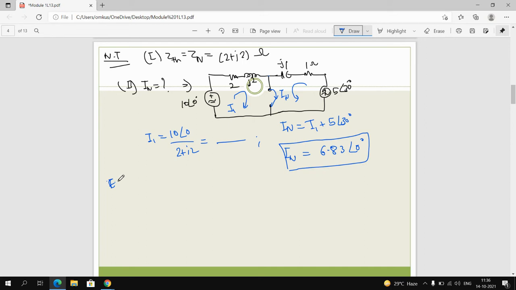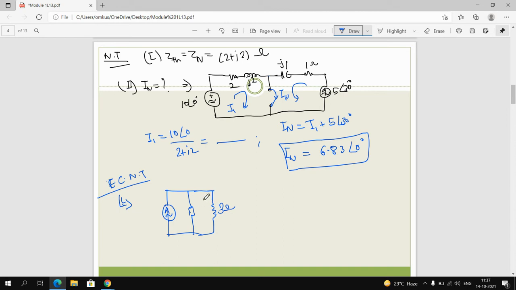So this is the current source connected with the Norton's impedance, with the open output target terminal. What is your target terminal here? That is the 3 ohm resistance, right? So this 3 ohm resistance is your target terminal.